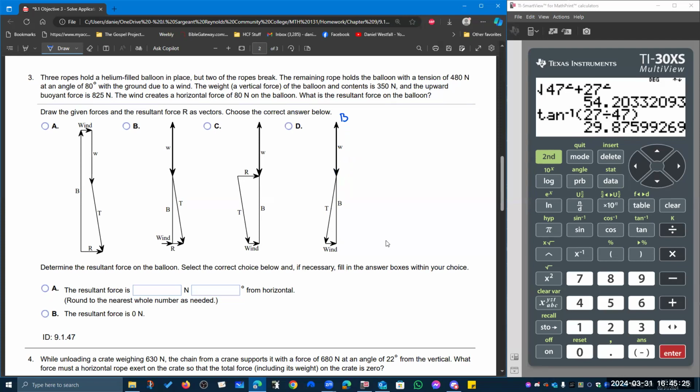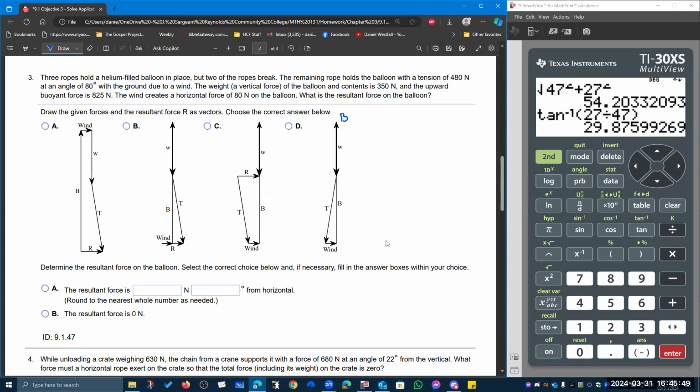Now I would have put W going down from the balloon, but whatever, we'll deal with it as it is.